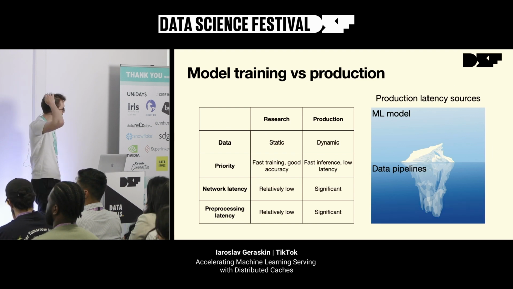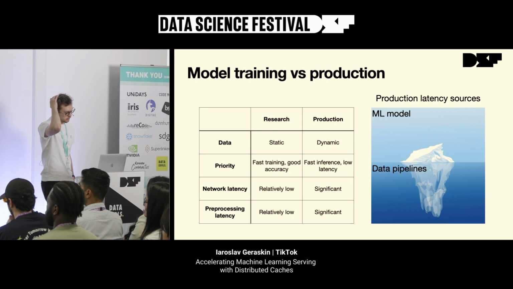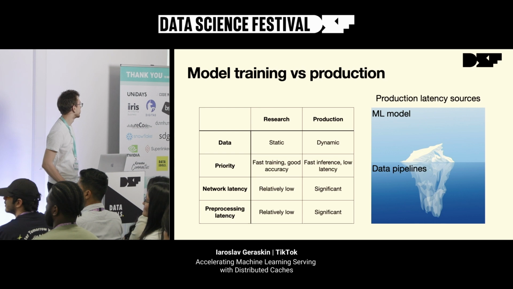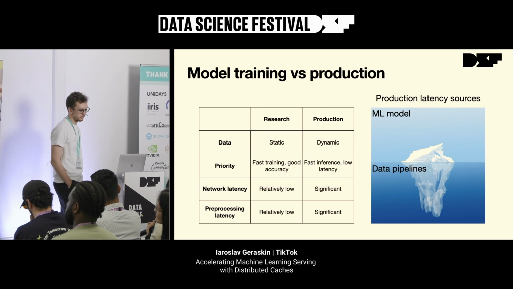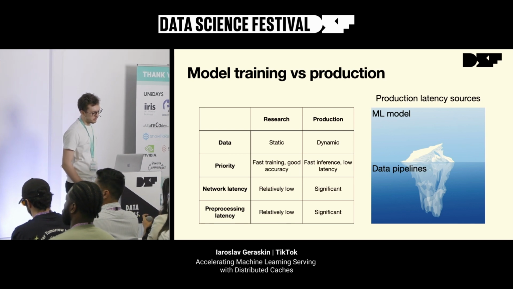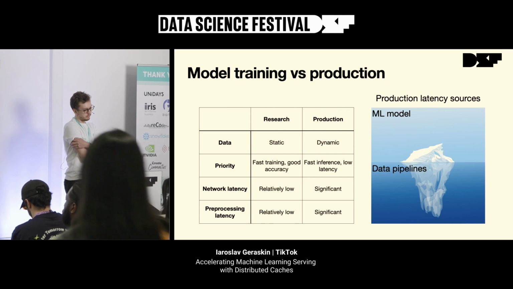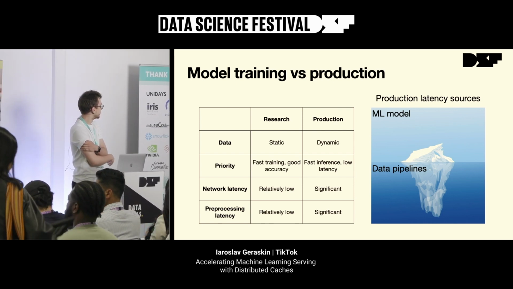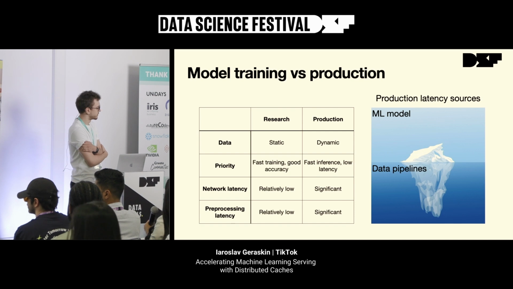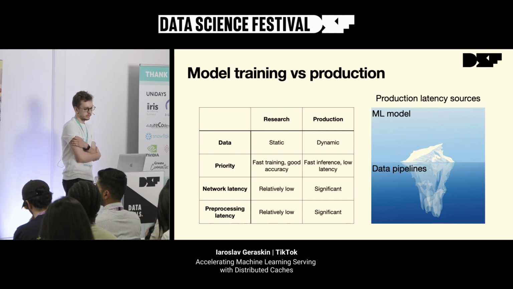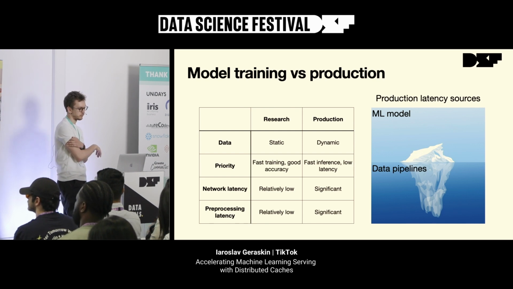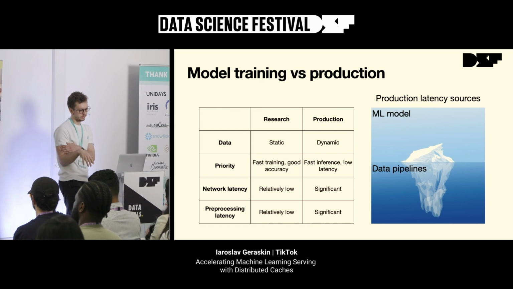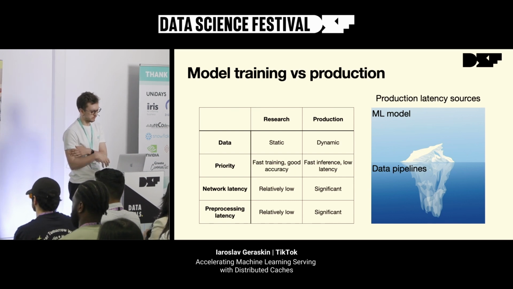So there are challenges to put those models in production, and the challenges are mostly related not to the model, because the models that run in real time should be fast, so they are pretty light usually, and the most prominent source of latency in production is actually not related to the model itself, but to data pipelines that are used to bring the data from users to the machine learning model.